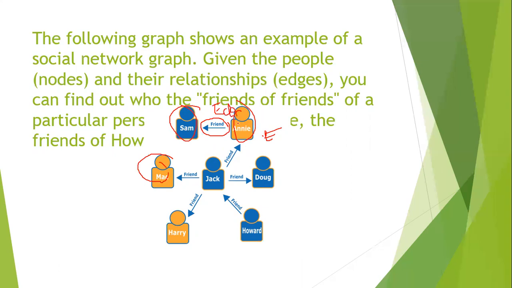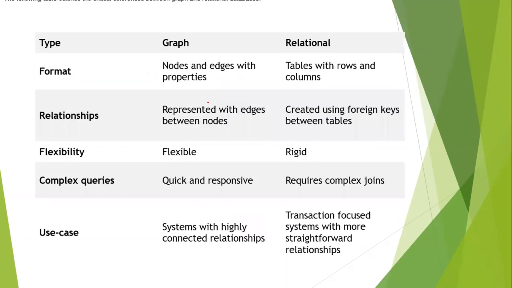These edges are used to represent the relation between two nodes. Sam and A, these two, what is the relation between these two people? That is friend. So nodes are used to store the information, whereas edges are used to store the relationship between the entities, that means between the nodes.